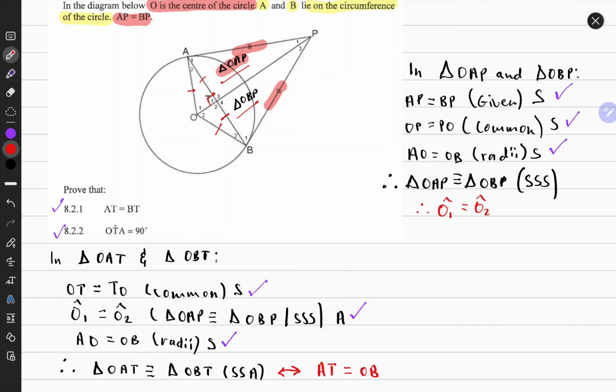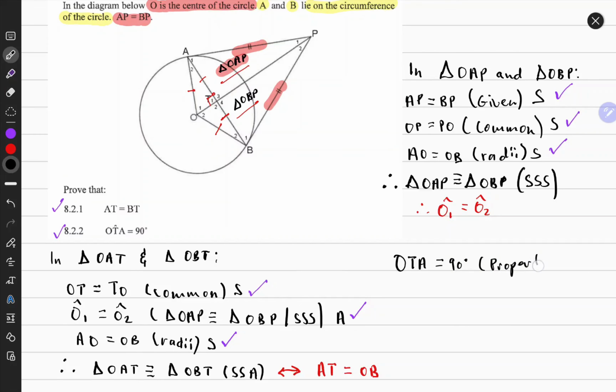So essentially what we're dealing with here is a kite, and we know that the long diagonal bisects the short diagonal at 90 degrees. So because of properties of a kite, we can say that the long diagonal bisects the short diagonal at 90 degrees. So OTA is equal to 90 degrees.